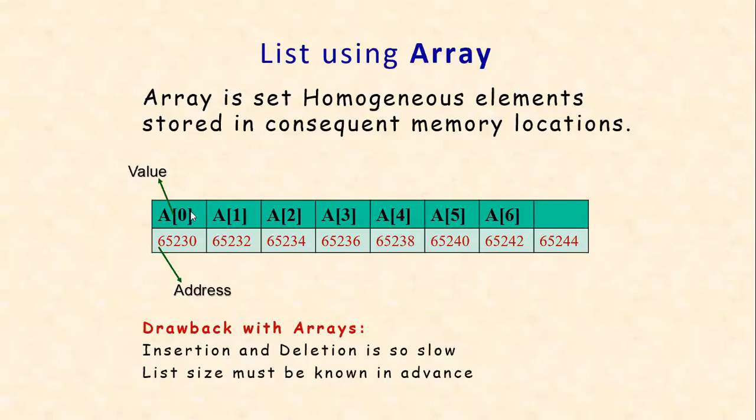What should I do? I have to right shift all these elements, then I have to free the space for the first element and insert it.